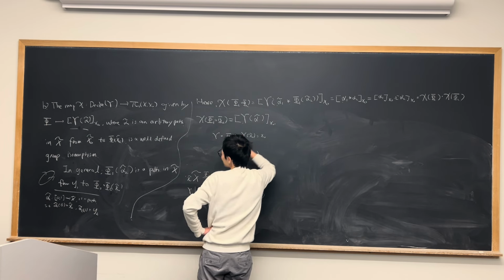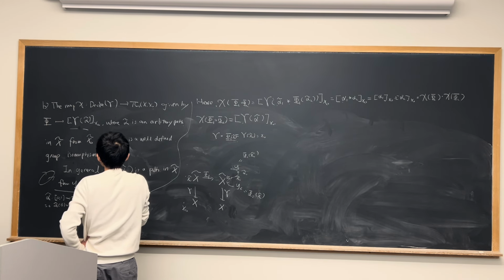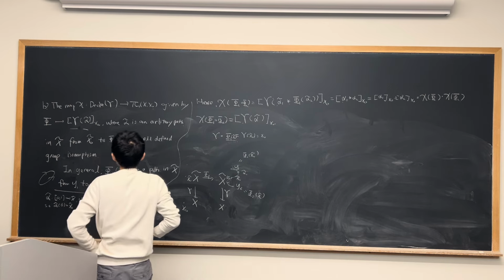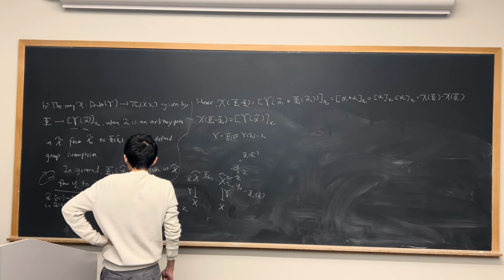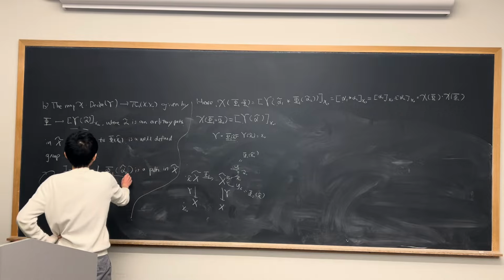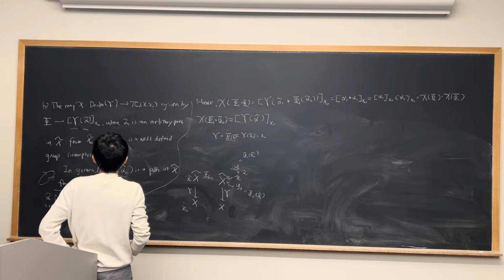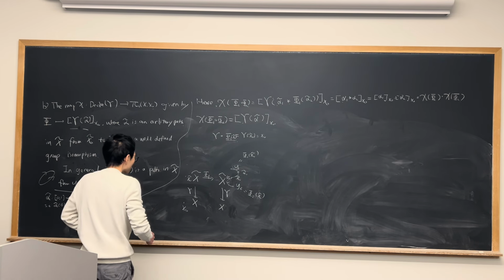X naught, where this alpha tilde is actually a path in x tilde from x naught tilde to phi 1 composed with phi 2 of x tilde, right? So we want a path. Okay, so yeah.